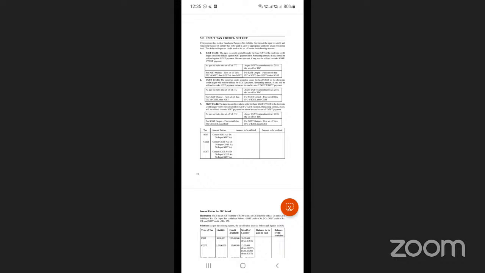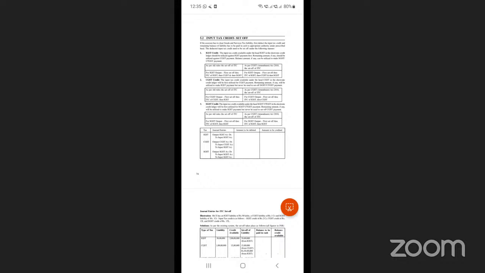And the balance amount, if any, you have to utilize to make SGST or UT-GST payment. That is, we are setting off this input tax credit under IGST credit. Now, if we also have CGST credit, then first we have to set off CGST payment. Remaining will be IGST, and never ever will it be set off against the SGST or Union Territory GST payment.